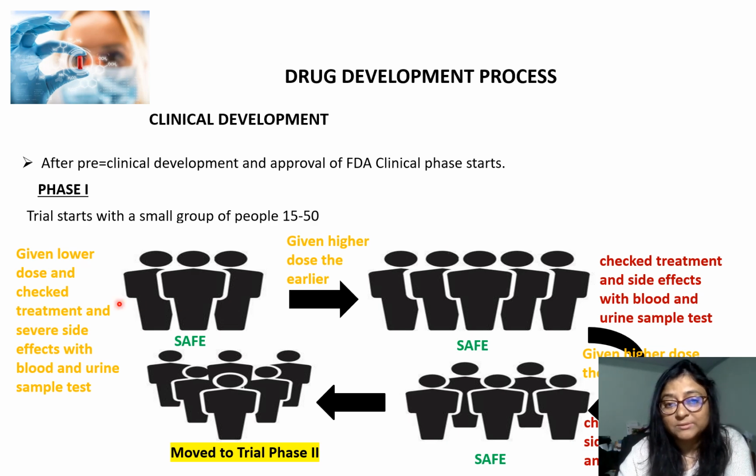That means what was given was a little lower, but after that they fix a somewhat higher dose of the same compound, and then the process repeats: they see if there is any side effect or if the treatment is going well. If all things are clear and this group is also safe, then they move to the next group of people, and there they give the desired dose that they want to give.